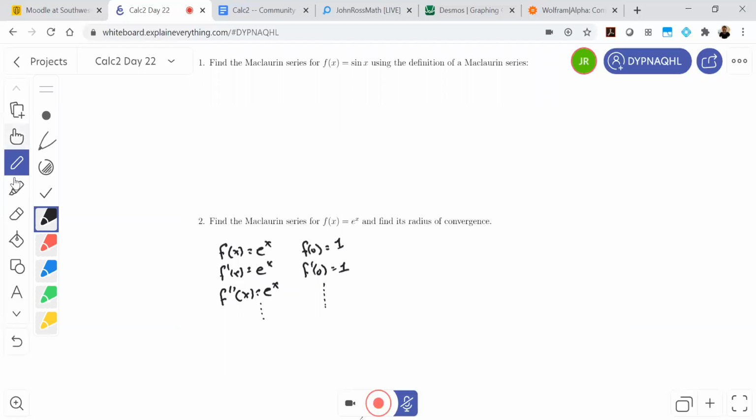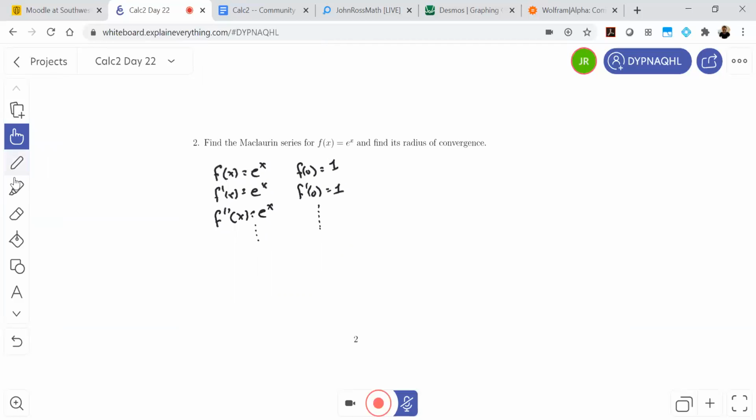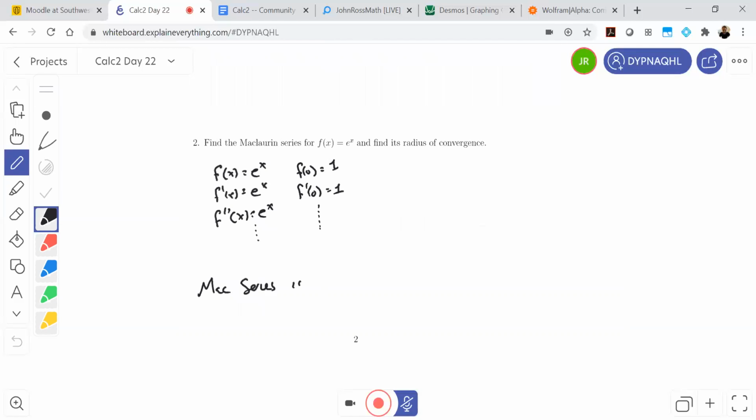And so when it comes time to find our Maclaurin series, the general formula for a Maclaurin series is given by this infinite sum, as n goes from 0 to infinity of the nth derivative of the function at 0 divided by n factorial times, again, because it's centered at 0, just x minus 0 raised to the nth power.